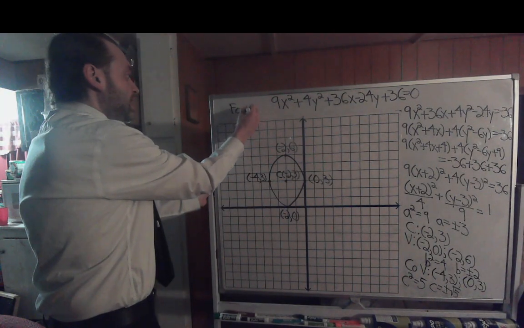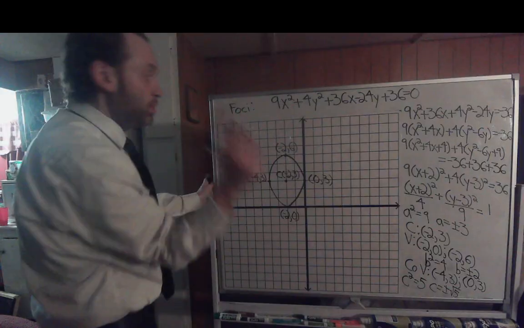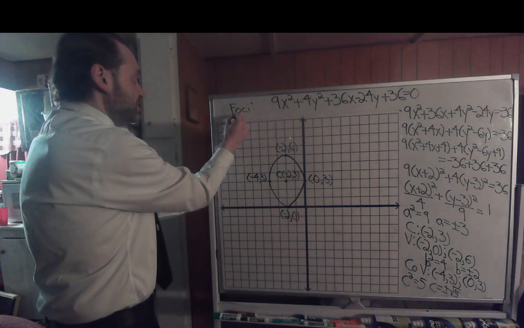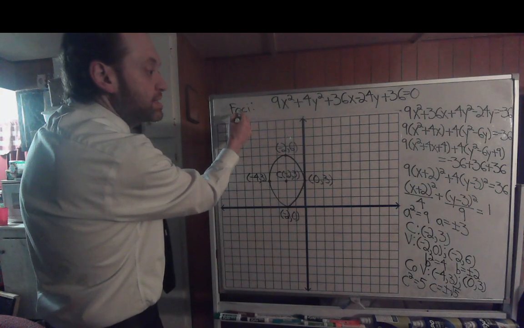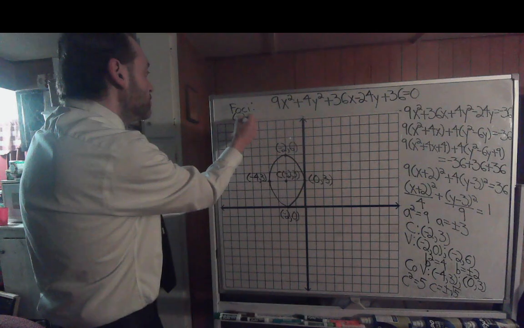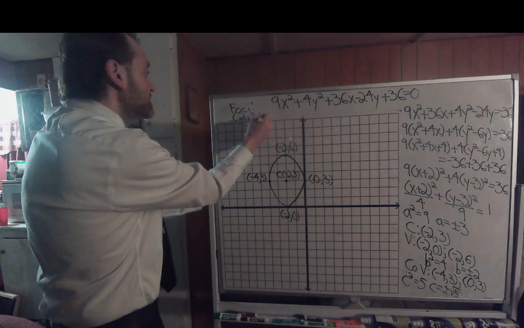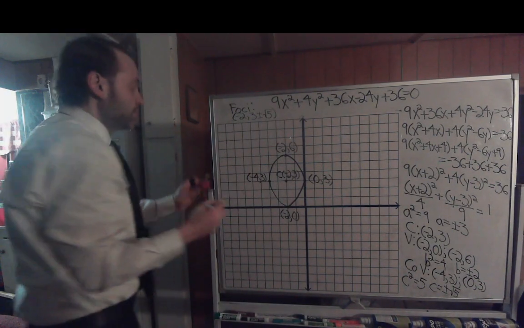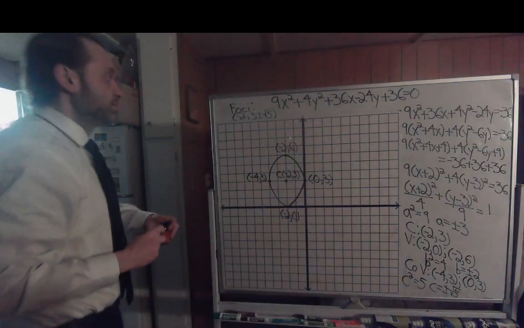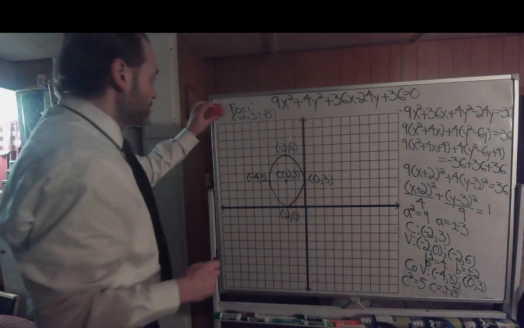My foci, since the y-axis is the major axis, would be at the points, let's see, -2, then 3, plus and minus the square root of 5. Those are my foci at -2, 3, plus and minus the square root of 5.